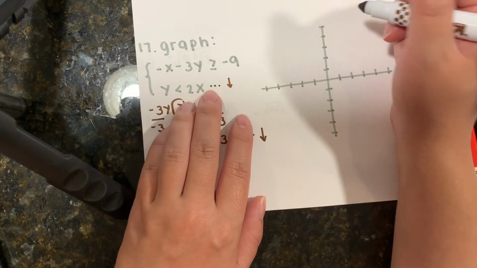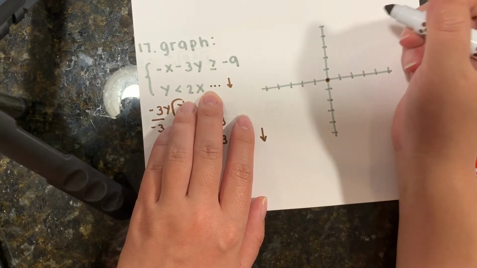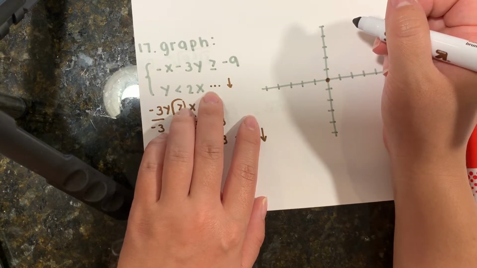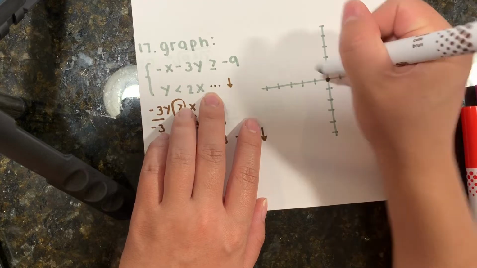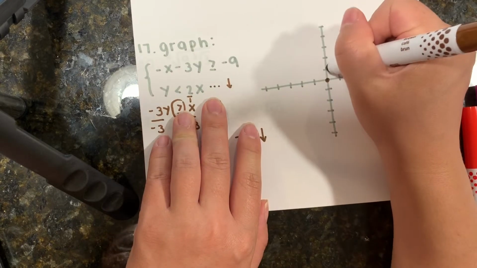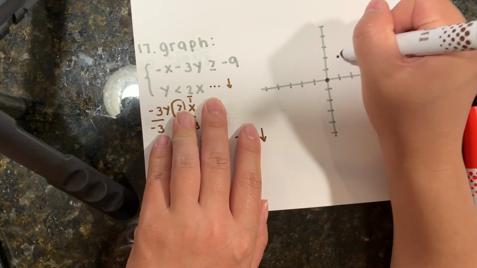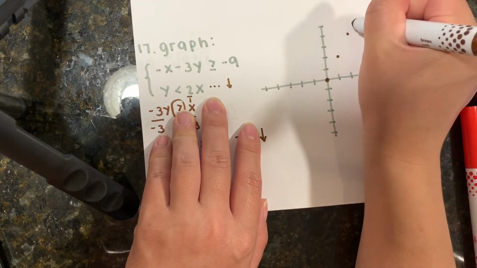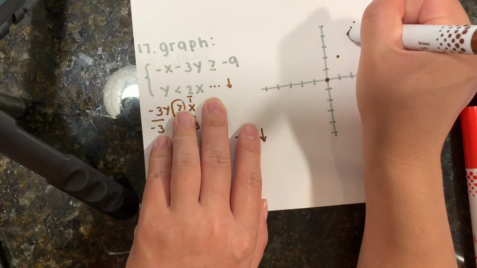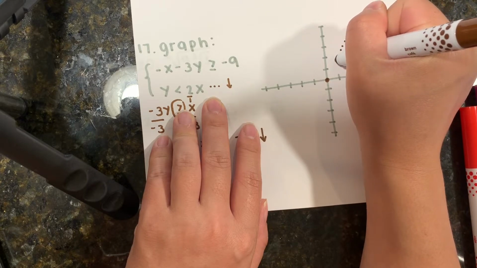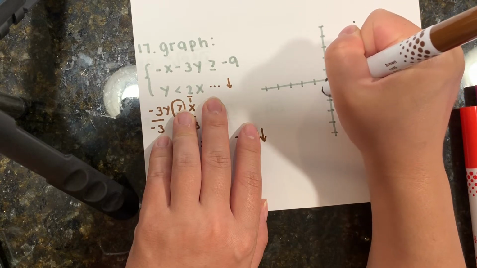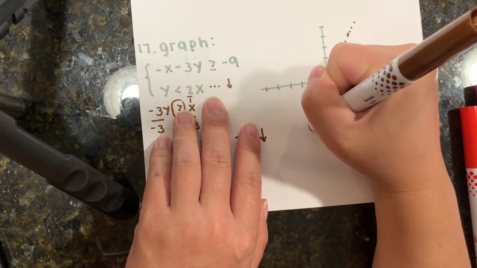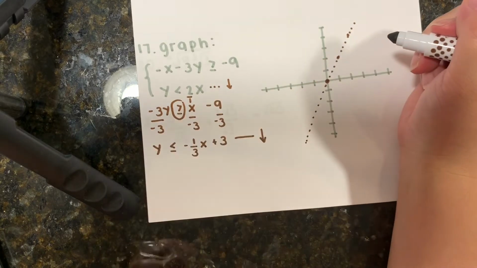So for this one, the y-intercept is actually 0 because it doesn't have a plus b. And then the slope, rise over run, would be up 2 over 1, and up 2 over 1. So again, this is a dotted line. That looks a little bit crooked, but it should look something like that.